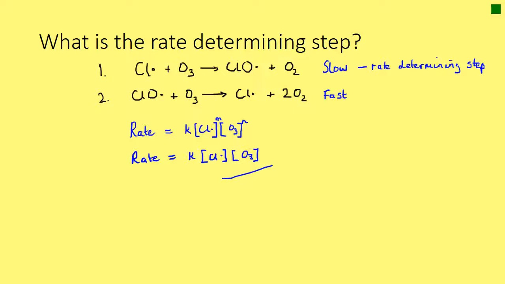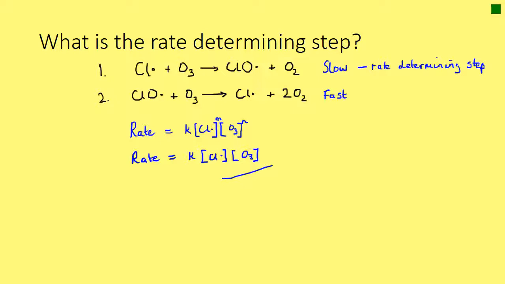And in order to work out the orders of this rate equation, we need to remember the previous slide, which said that the orders correspond to the number of particles of the reactants in the slow rate determining step.